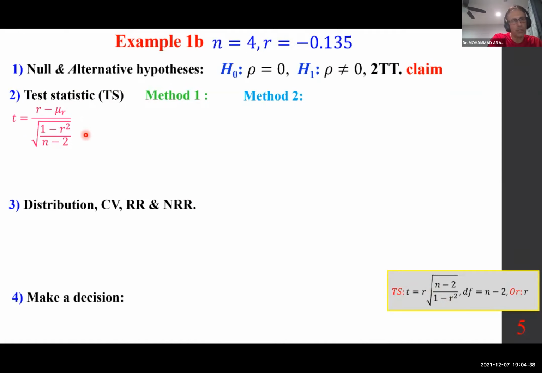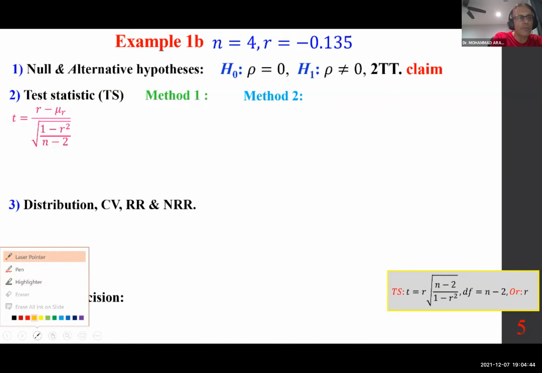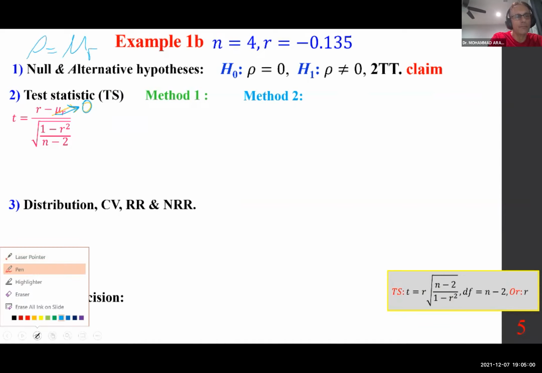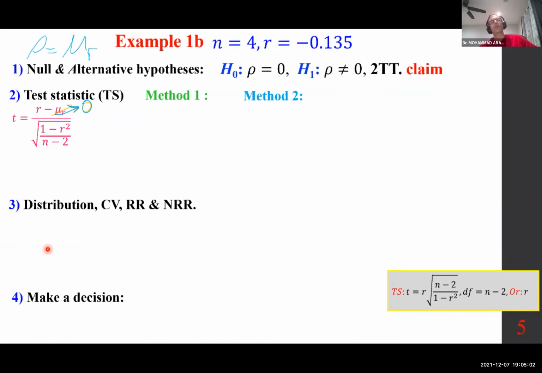I hope you see this is a complex fraction. And by the way, mu sub r is always 0 for us. This is really rho, the same as mu sub r, the correlation coefficient for the population.